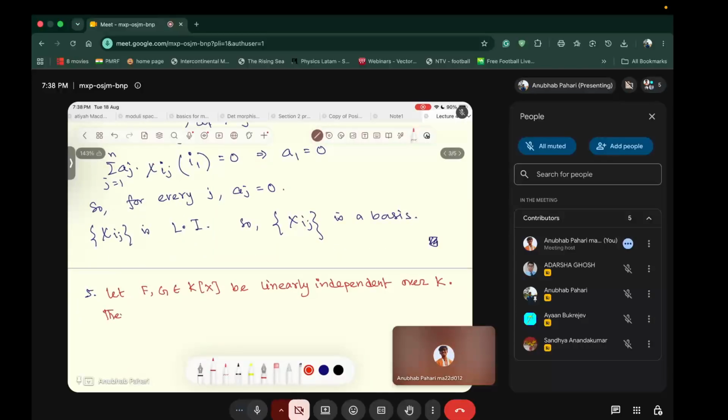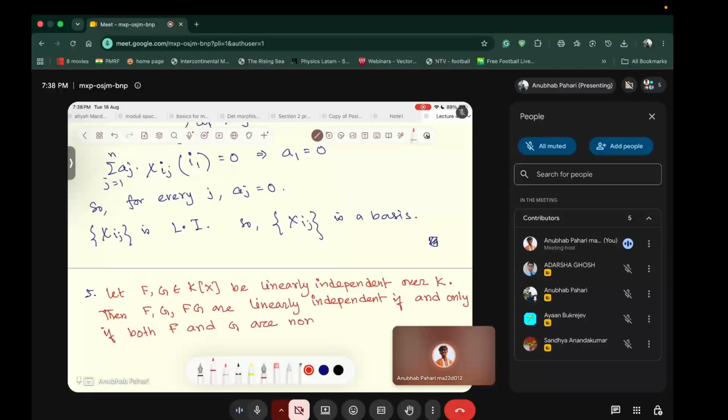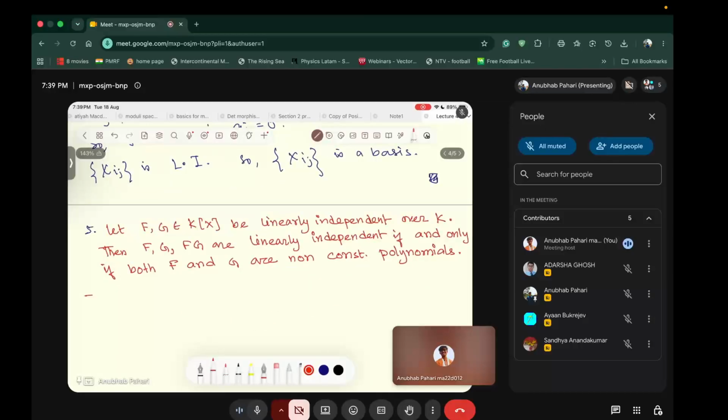Then f, g, fg are linearly independent if and only if both f and g are non-constant polynomials. Okay. So again, you should try this for 3 minutes, then we shall start discussion.